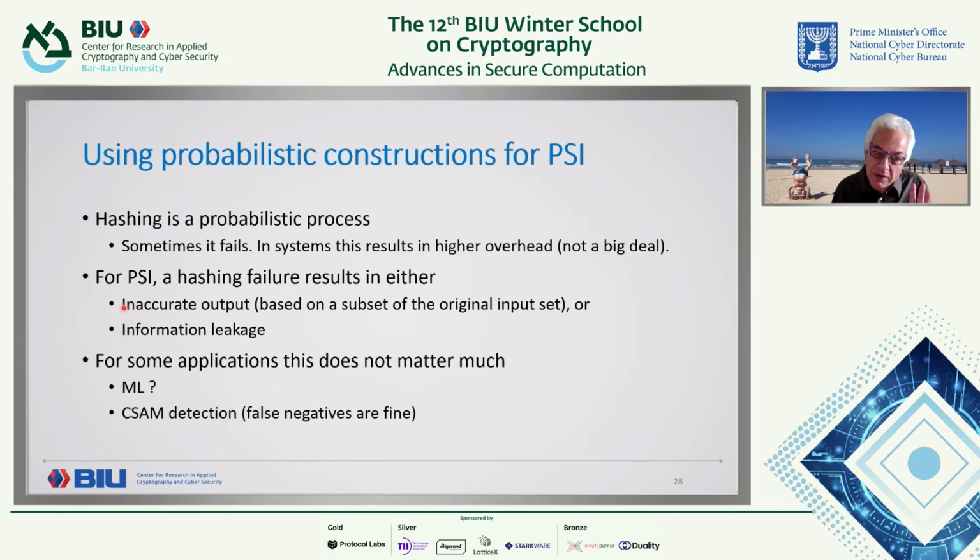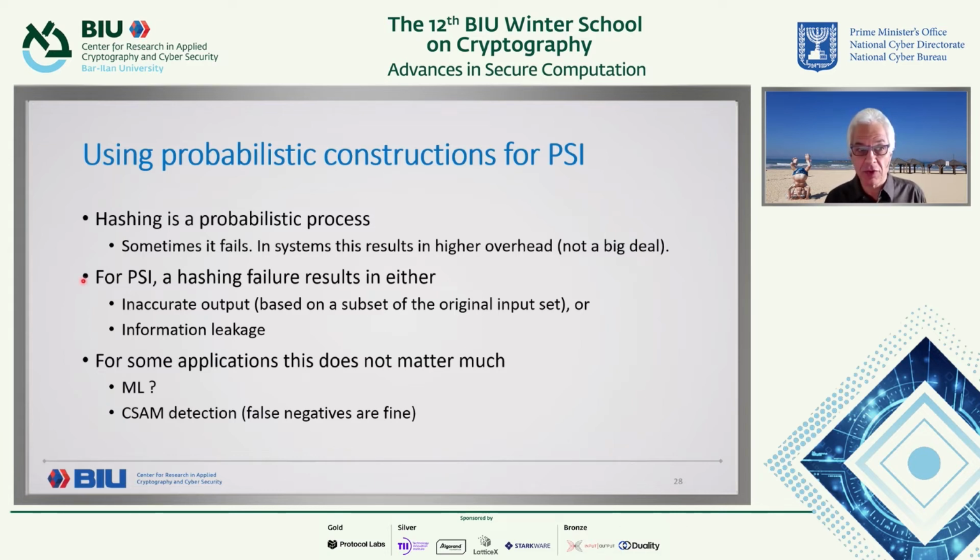Now, there are places where maybe we don't care about inaccurate outputs. The system application I told you about, we don't care about false negatives because we can just compare to, say, 90% of the CSAM database, that's fine. In machine learning, they don't care about approximations. But in general, when we're talking about PSI, we want an exact output because otherwise there's a privacy leakage.